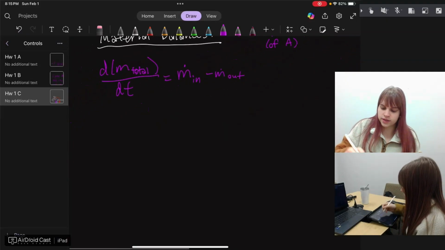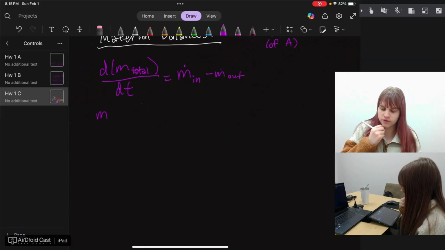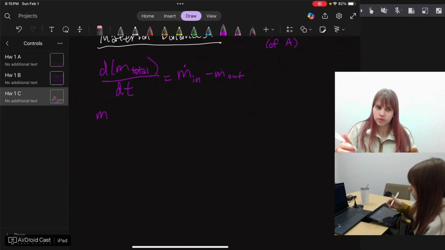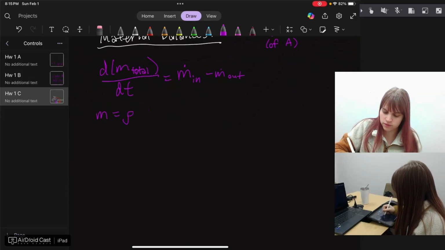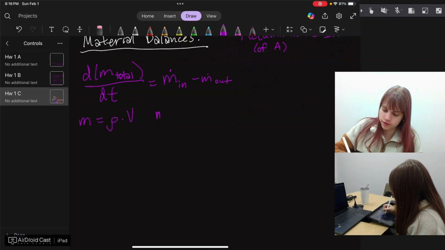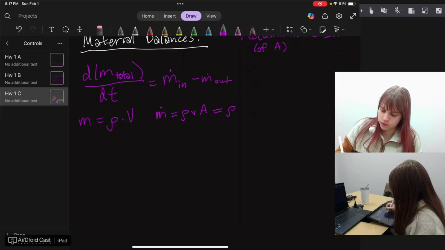We know that the mass of anything is equal to its density times the volume. We also know that the mass flow rate is equal to the density times the velocity times the area, which is also density times the volumetric flow rate.